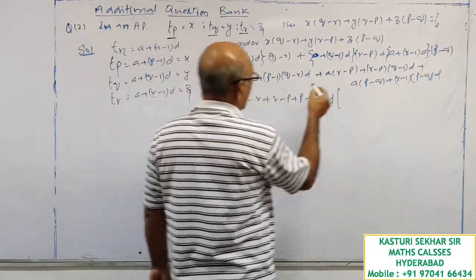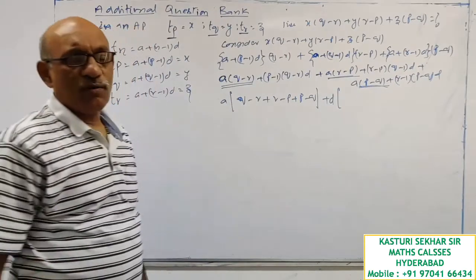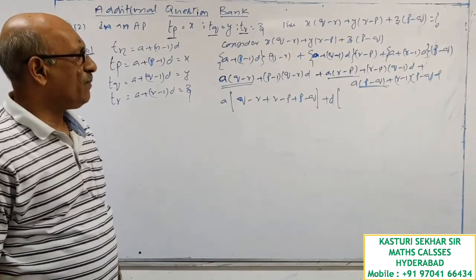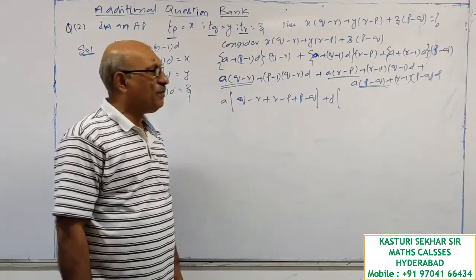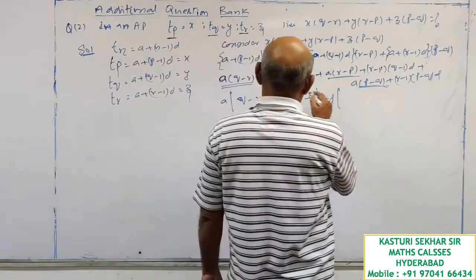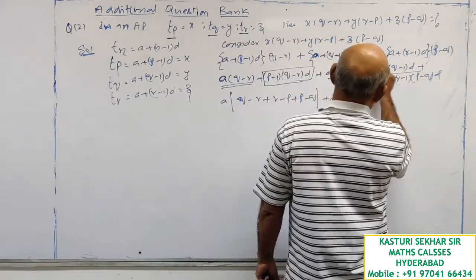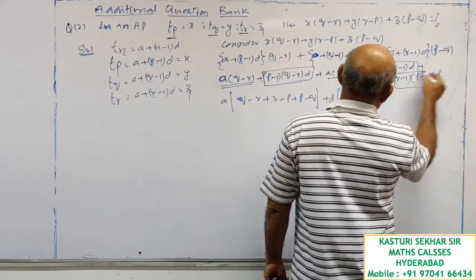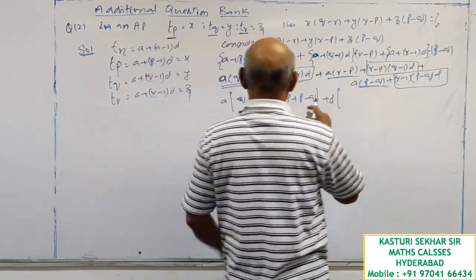Look at the terms which are at odd places: A into (Q minus R) plus A into (R minus P) plus A into (P minus Q). From this A is taken out common. Again the terms which are at even places, let us take D as common.